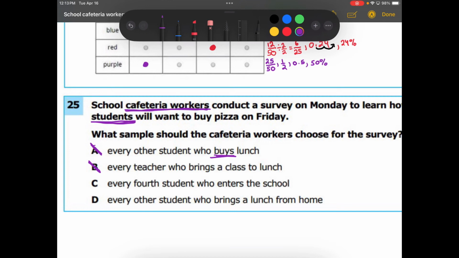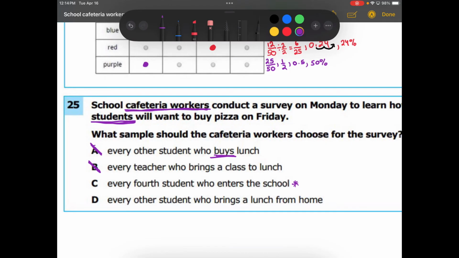Letter C. Every fourth student who enters the school. It seems kind of biased because you're only picking every fourth student, but we're not 100% sure. Let's check the last option because we want to pick the best answer. So we'll put a star. Letter D. Every other student who brings lunch from home.